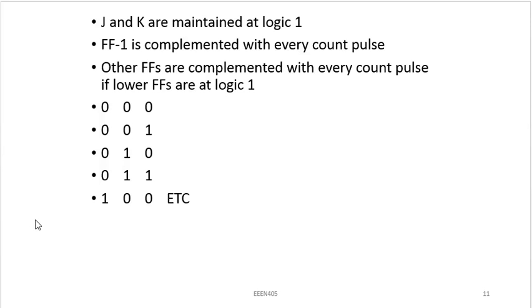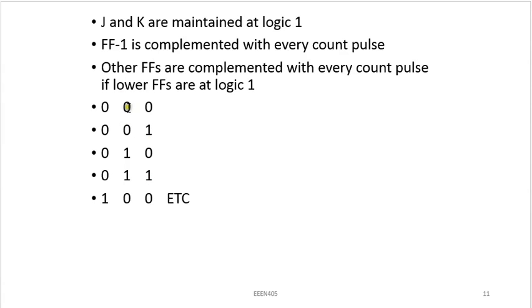And to illustrate this, look at our binary sequence. Supposing we start from 000, when the next clock pulse comes, this last bit should be 1. When the next one comes, it should be 0. The next one will take it to 1, like this, which means the last bit is always toggling with each clock.